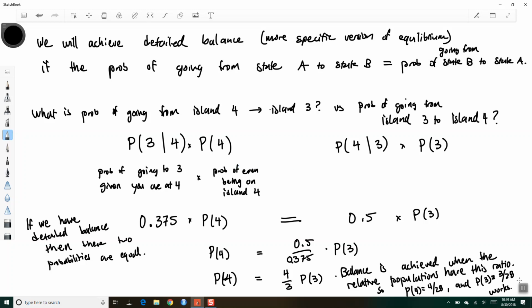And in fact, it will be the only thing that works for all of the islands. If you find the relationship between all of the islands in this similar way, which you can do, it would be tedious, but you can do it, and you'll find that only the target distribution will satisfy the stationary distribution.